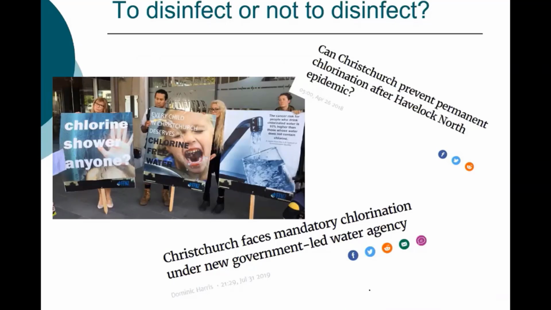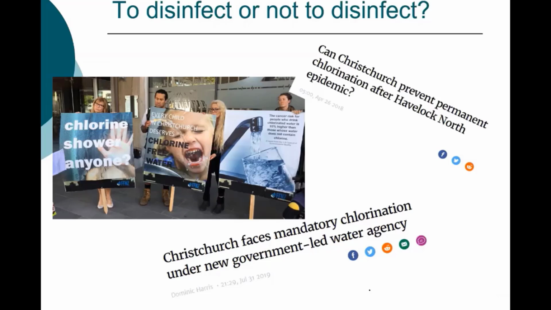It was caused by E. coli O157. There were 5,000 who became ill, 45 hospitalized, and 4 deaths. As a result of that, the Ministry of the Environment mandated chlorination of drinking water systems.